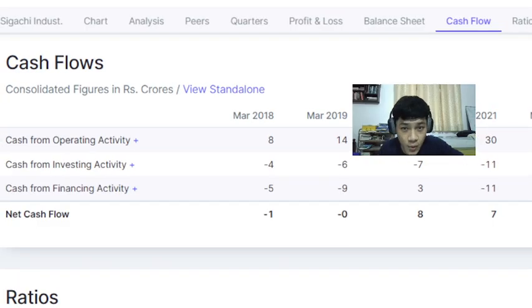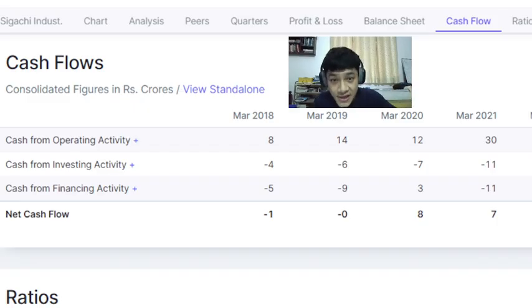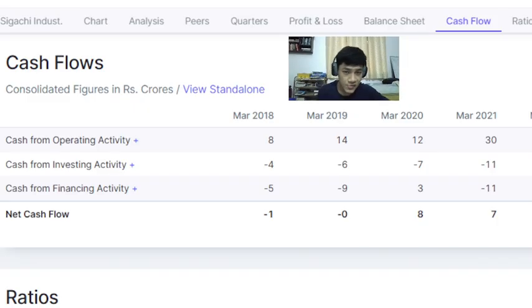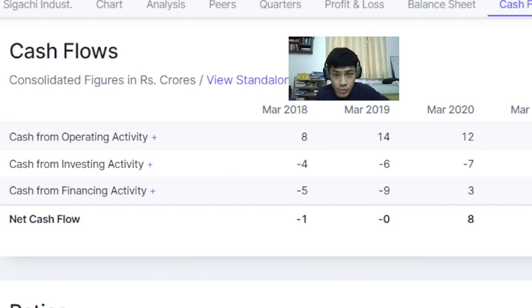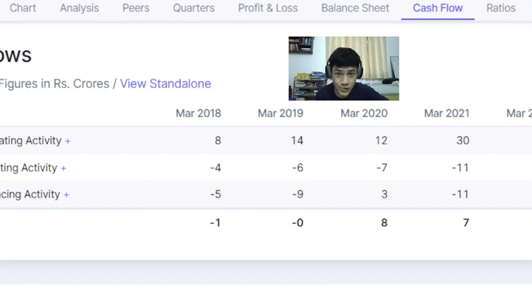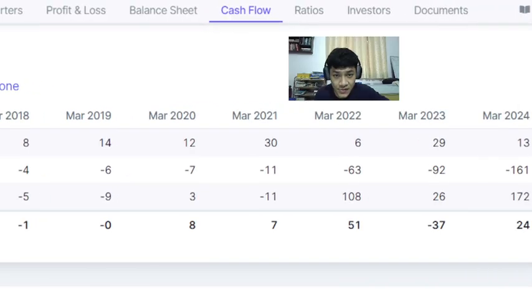Cash flows are a very important part of evaluating any business, maybe even the most important part of valuing any business. So cash flows from operating activities. Let's take a look only at the top figure. March 2018, 8 crores. 2021, 30 crores. Cash flows from operating activities.